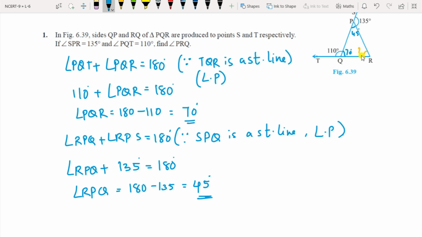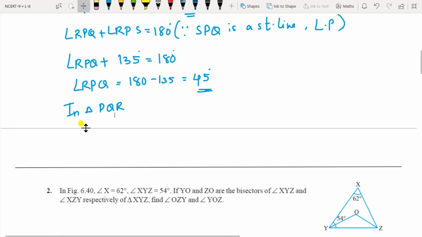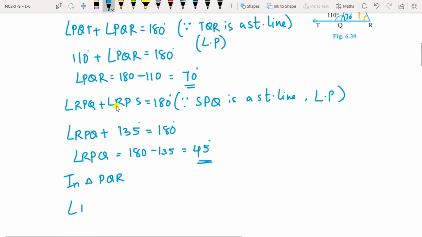Okay, now you have to find this. So take the triangle. Now in triangle PQR, write all the angles, which is equal to 180 degrees. So angle PQR plus angle RPQ plus angle PRQ equal to 180.